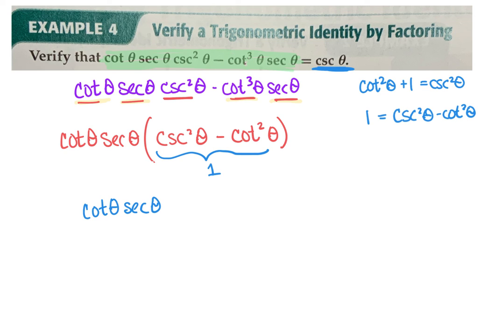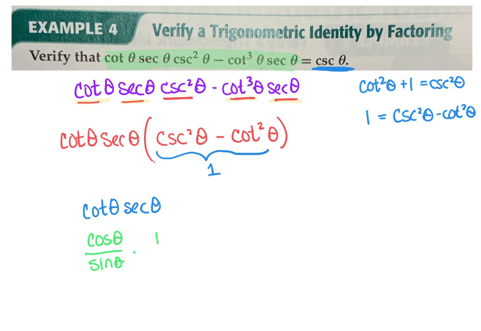So what is cotangent in sine and cosine? If I put it both in sine and cosine, it would be what? In my quotient identities, cosine over sine. At the very top of your page there, it's cosine. And that one's kind of easy to remember. Cotangent is cosine on top. Okay. So we have cosine over sine here. What is secant? 1 over cosine.